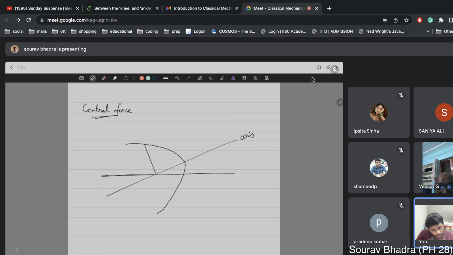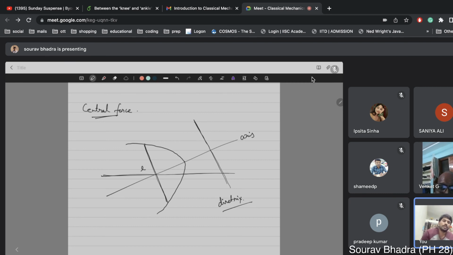So this is a line which is perpendicular to the axis, and it is called the semi-latus rectum, which has a height of L, and there is a directrix for every conic section.